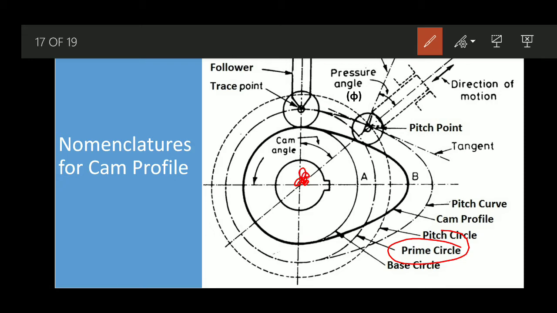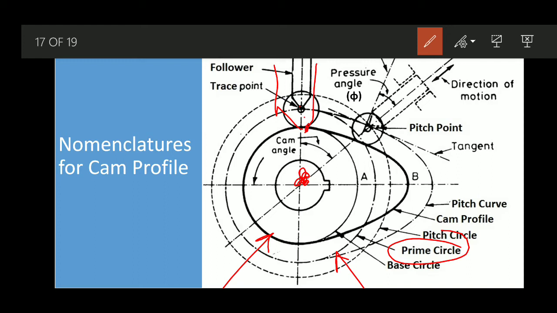Once again, for a knife edge and a flat face kind of follower, the prime circle and the base circle, both of them are the same. There will not be any change between this base circle and this prime circle, because we know the trace point in the case of a knife edge follower is itself here. So in that case, both of them are the same.